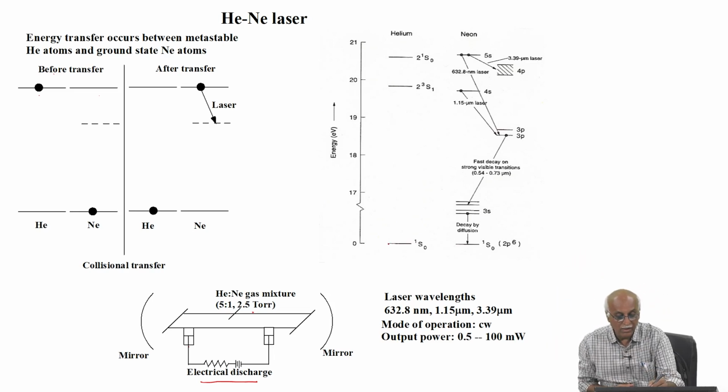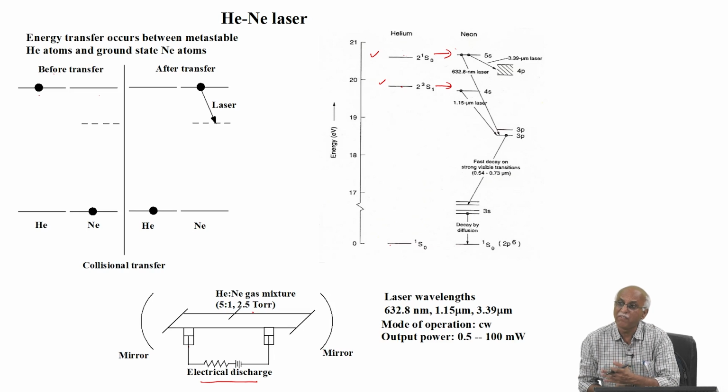So, helium will get excited to, let us say, these specified energy levels of helium, and from this, through the collision, energy transfer will take place to neon. You may ask, why can't I excite the neon atom as it is through electrical discharge? The excitation should be possible, not an issue.